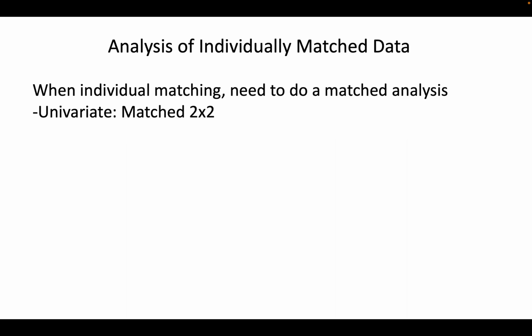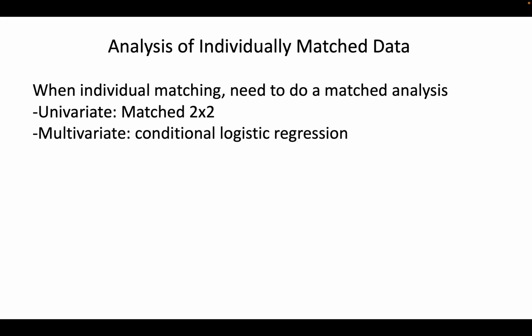The bivariate version of that, like a 2x2, is a matched 2x2. And the multivariate version of that is conditional logistic regression. In both of these settings, you're implicitly controlling for the matched factor rather than the type of analytical control you might be more familiar with, where you just include it in the model.